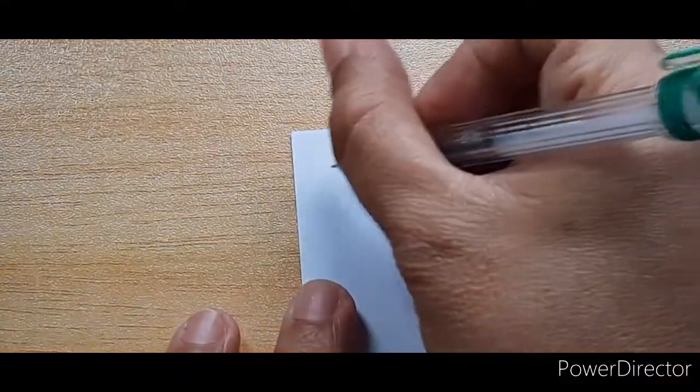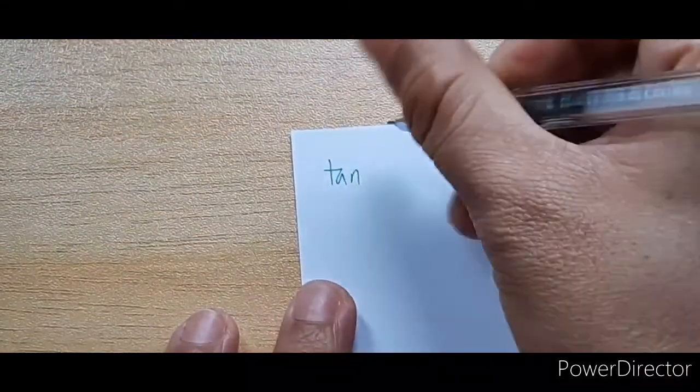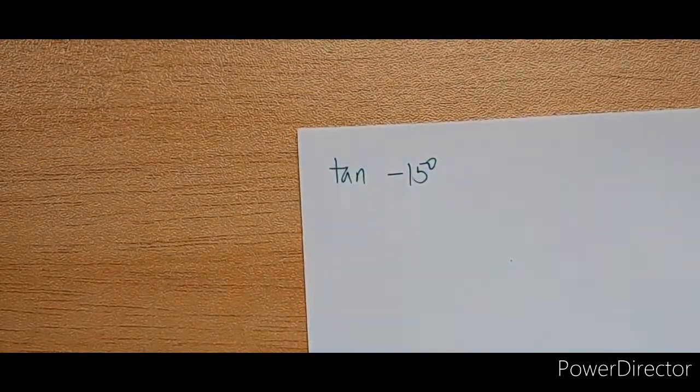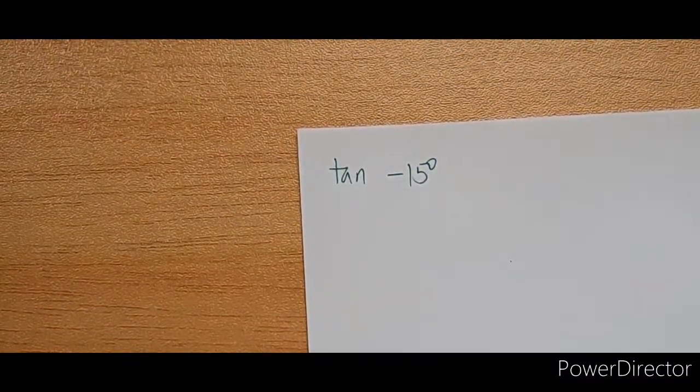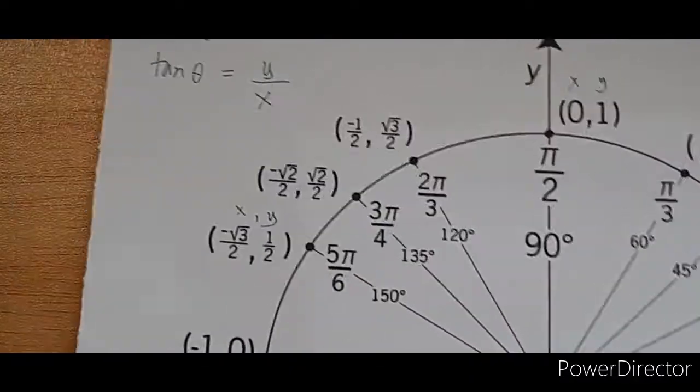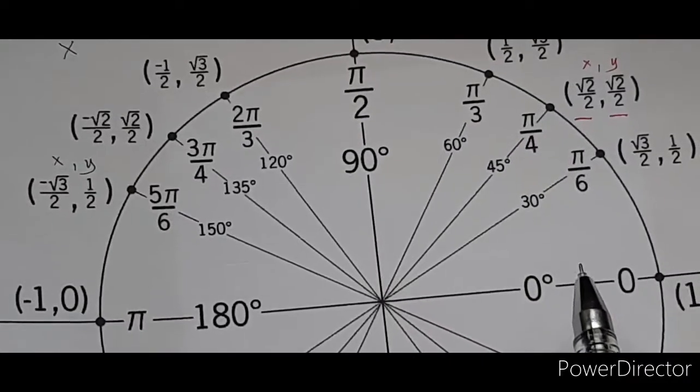Okay, let us have our next example. Ayan. Okay, what if we have tangent negative 15? Okay? So, if you're going to look for negative 15 dito sa ating unit circle, wala tayong makikita.